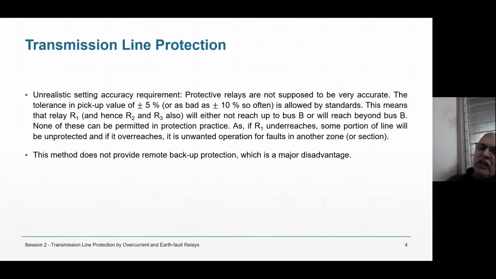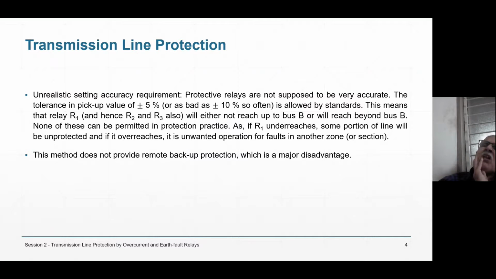And if it protects 105 kilometers, then in the next section relay R2 is there. That will also operate and R1 will also operate. So both sections AB and BC will trip. So the load from B will also be cut off unnecessarily. Healthy lines will be cut off. That is the main problem: unrealistic setting accuracy. Relay accuracy is giving me a problem.